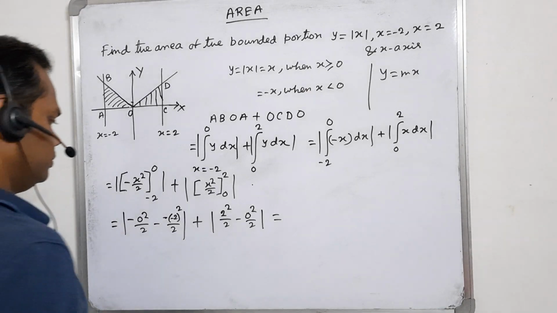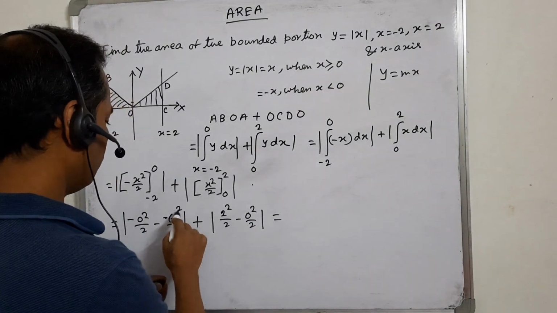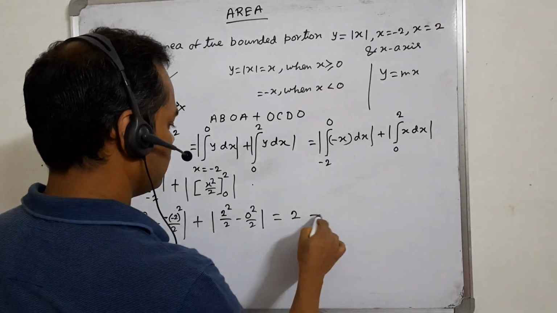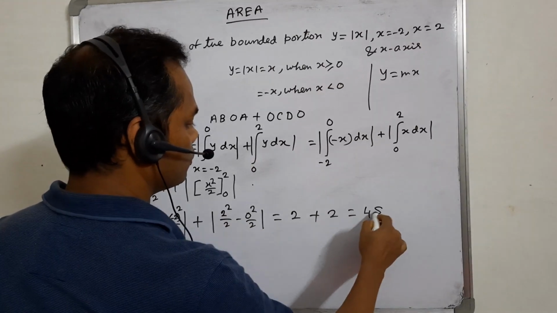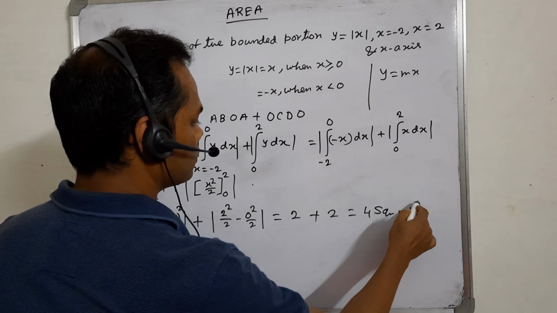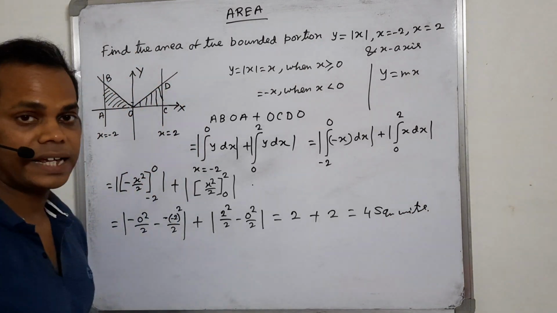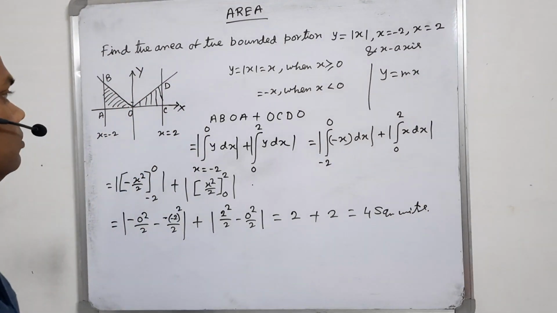So this one is 2 square by 2, 4 by 2, so 2, and here is also 2 square by 2, this is 2, so 4 square units. And there is another process of this sum.